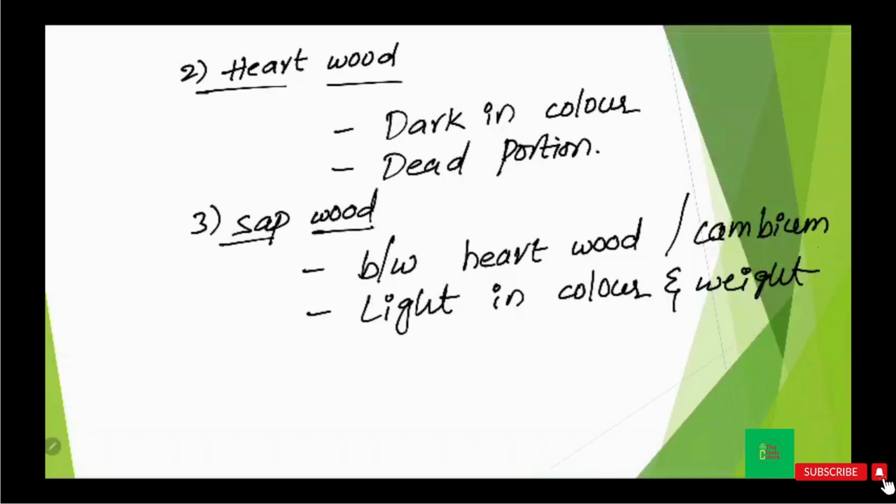It indicates the recent growth and it contains the sap. The annual rings of sapwood are less sharply defined than those of heartwood. It takes an active part in the growth of the tree and sap moves in an upward direction through it. The sapwood is also known as alburnum.